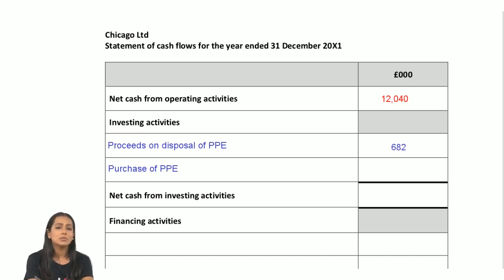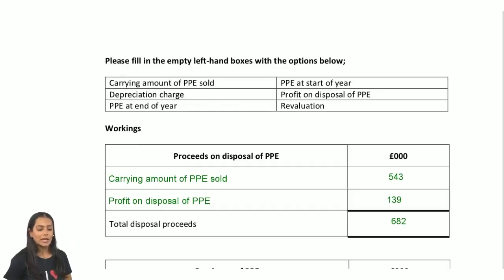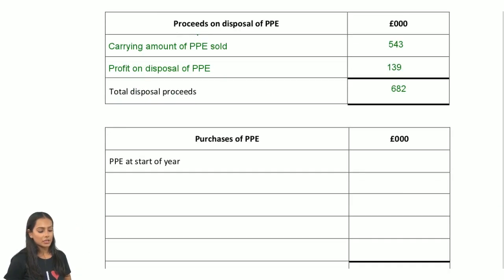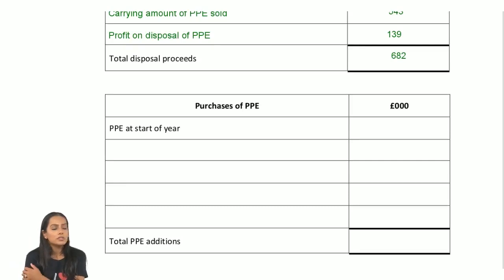The examiner's report says that a lot of weak students did not calculate this properly and did not use the working box on the previous page. The purchase of PPE allows us to identify the balances of PPE at the start of the period and compare it to the balances of PPE at the end of the period. But the information relating to PPE will either increase the value or decrease the value.